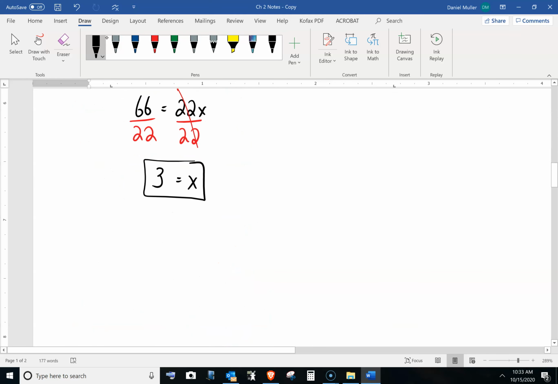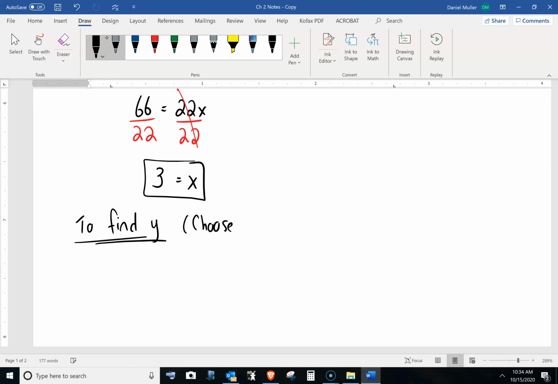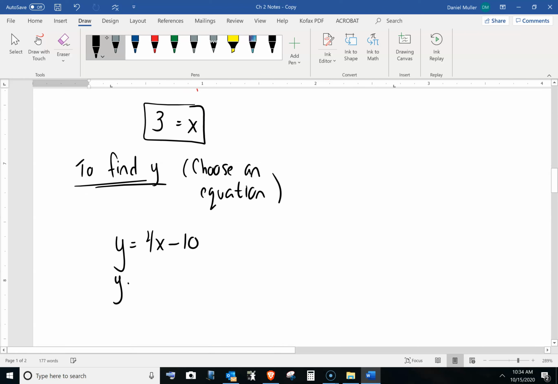So now, to find y, choose an equation. Which one? Doesn't matter. But I'm going to do the 4x minus 10. And I know that the x is 3.